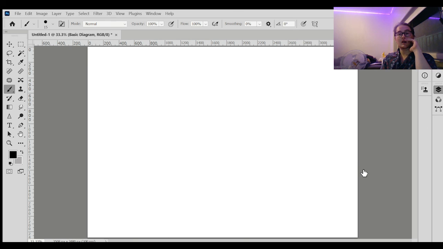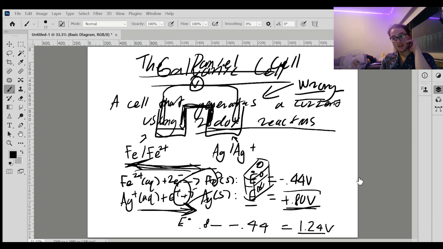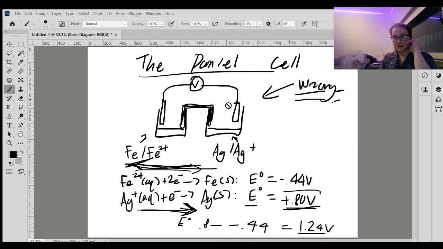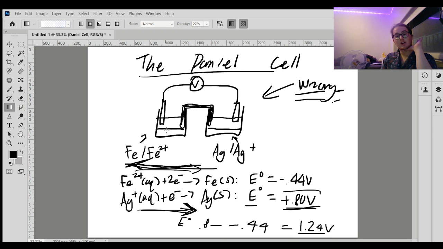And that's pretty much the end of everything I want to say. There was one last thing. It was that I made a mistake on purpose on this cell. Now the mistake here is the solution does not cover the salt bridges and the electrodes. Something as simple as that.